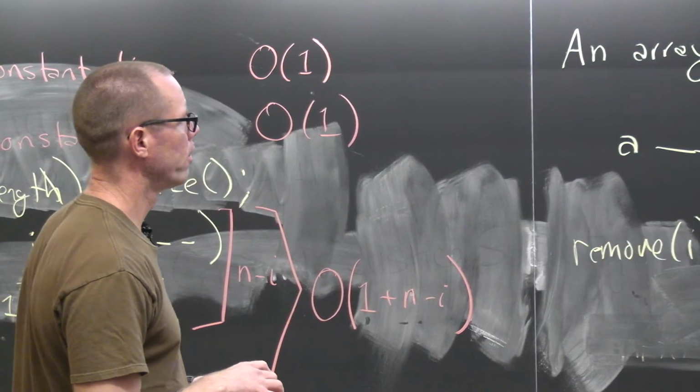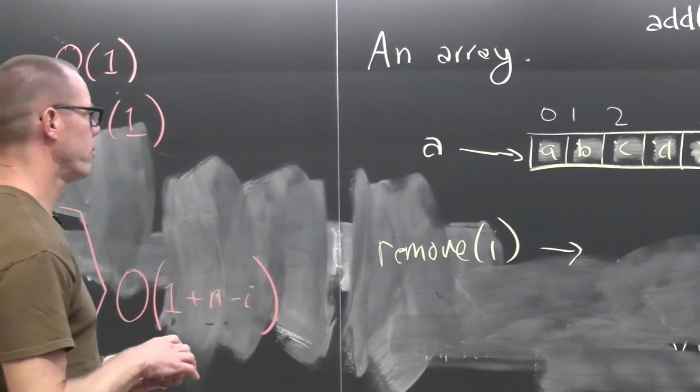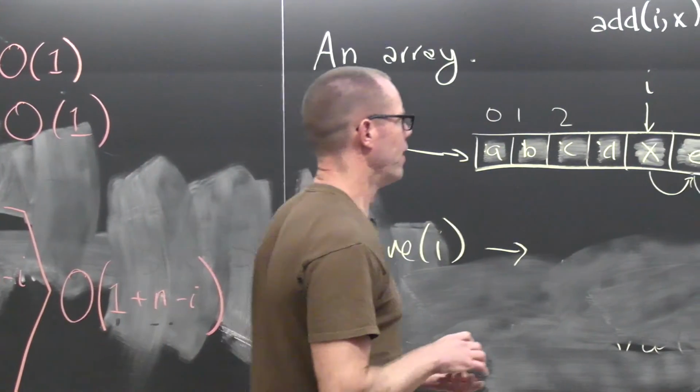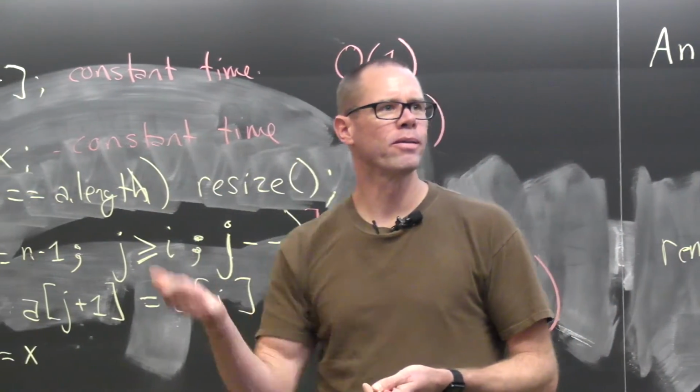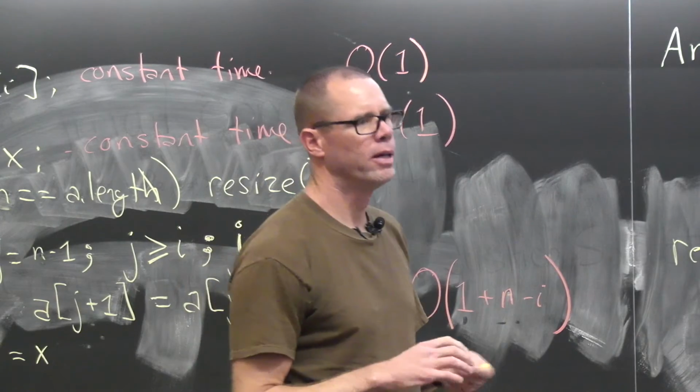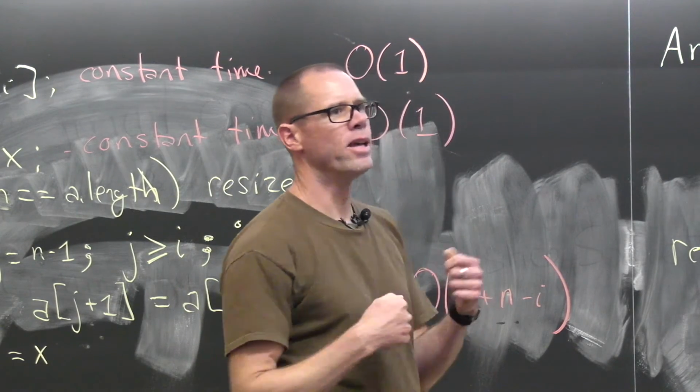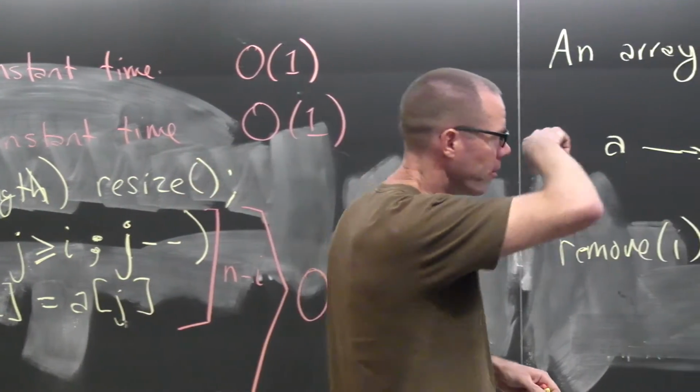and then you make I plus 1 equal to I, and then I plus 2 equal to I plus 1. So I would say add I is the one that goes backwards and remove I is the one that goes forwards, but remove I does the opposite of what add I does.